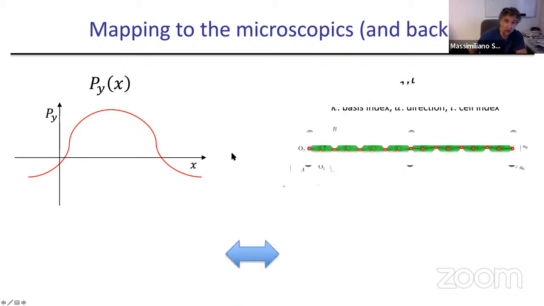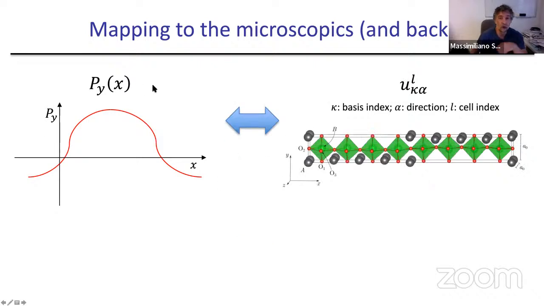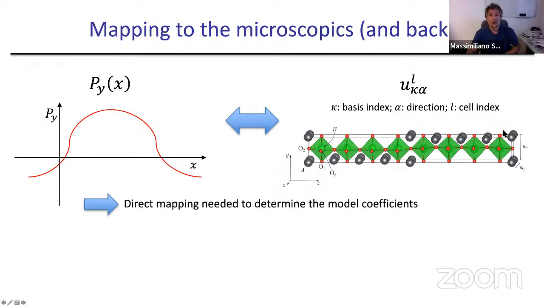And we want to have some device that from an arbitrary inhomogeneous P(x), we get a well-defined lattice distortion, which we describe as u_{lkα}, where k is a basis index, α is a direction of the displacement of the atom, and l is a cell index. So we want to do this back and forth.